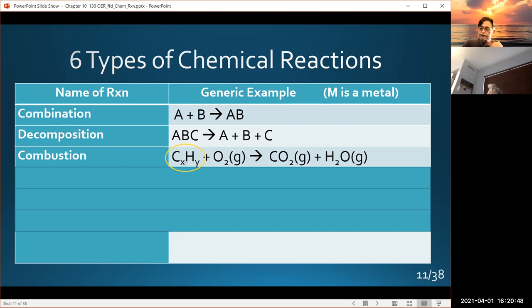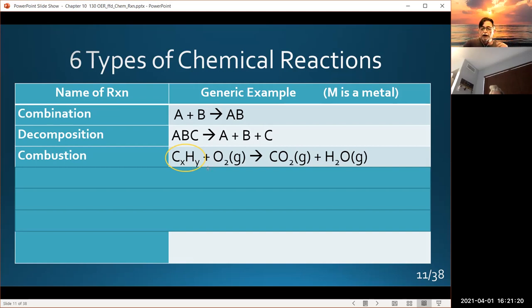Now, the smallest value X can be for these type of hydrocarbons, these come from a field called organic chemistry, is 1, with carbon X being 1, and the smallest Y value is 4. That gives you the formula for CH₄, which is methane, which is a hydrocarbon. And obviously X can go on all the way to a large variety of numbers.